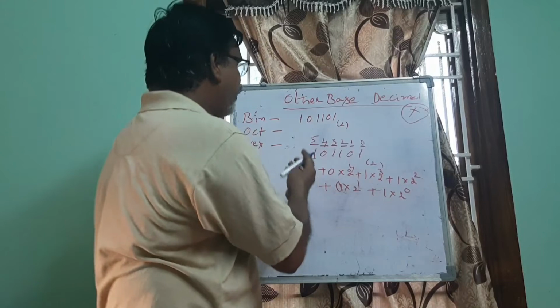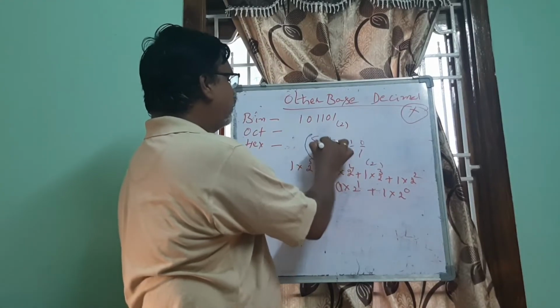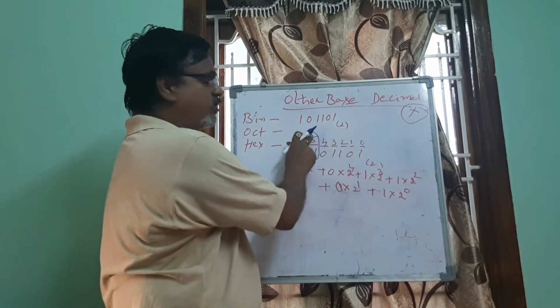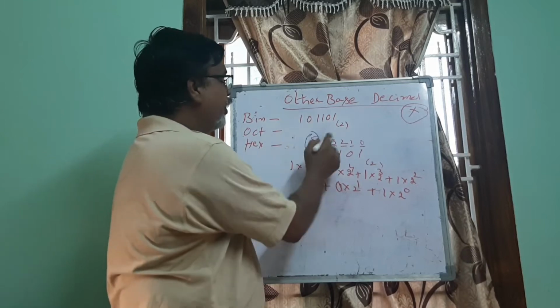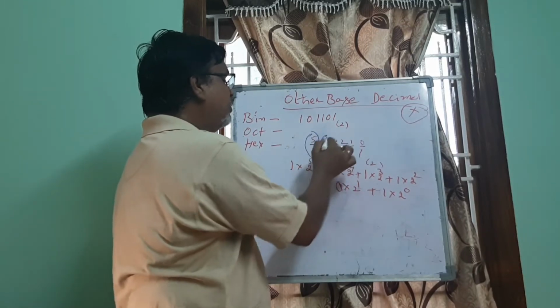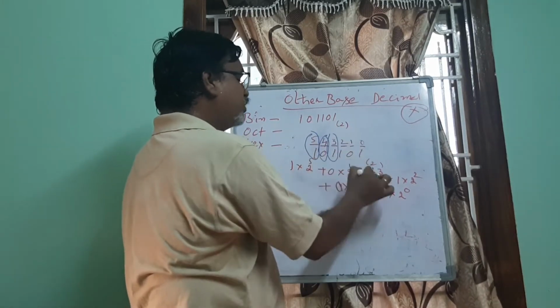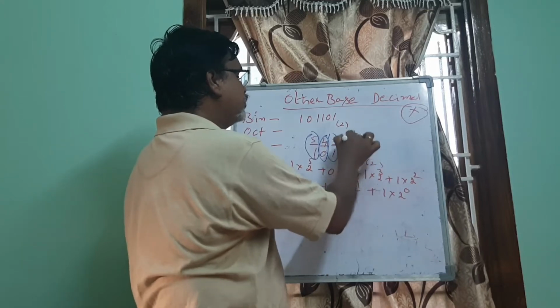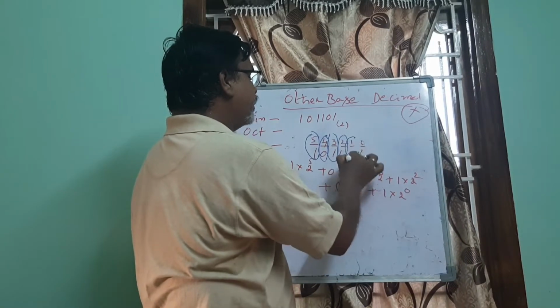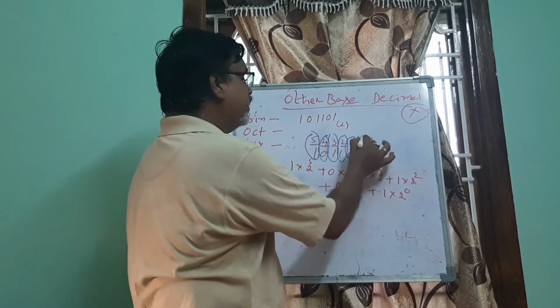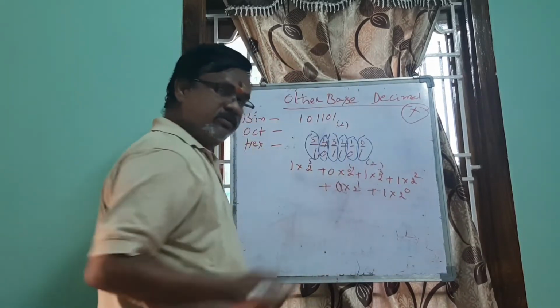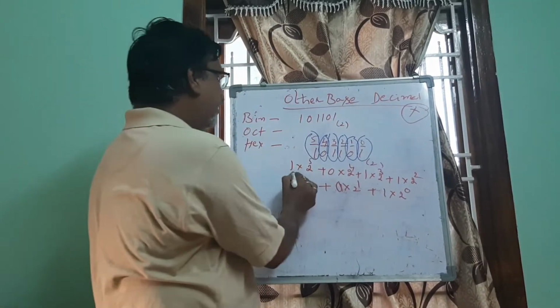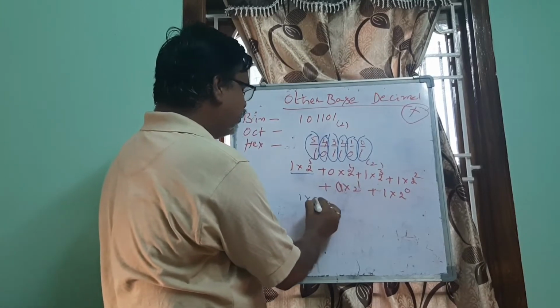So just see here, 1 into 2 power 5. Next, 0 into 2 power 4. Next, 1 into 2 cube. Next, 1 into 2 square. Next, 0 into 2 power 1. Next, 1 into 2 power 0. Then 1 into 2 power 5, so it is 1 into 32.